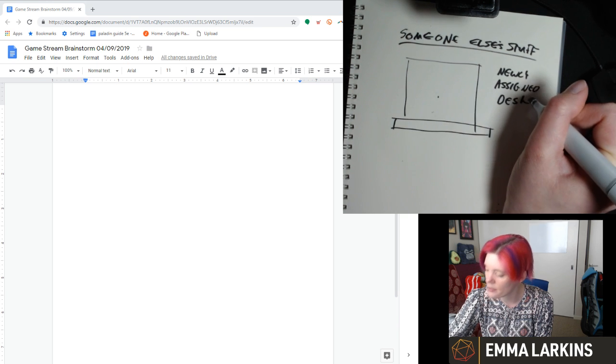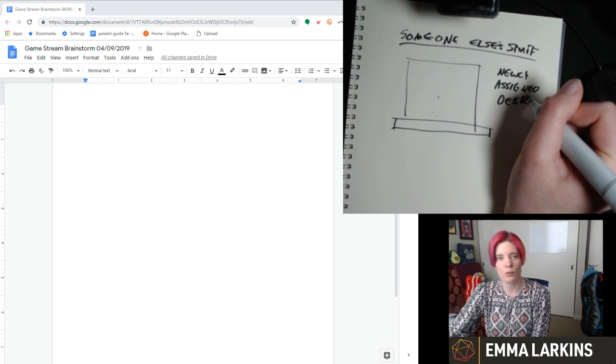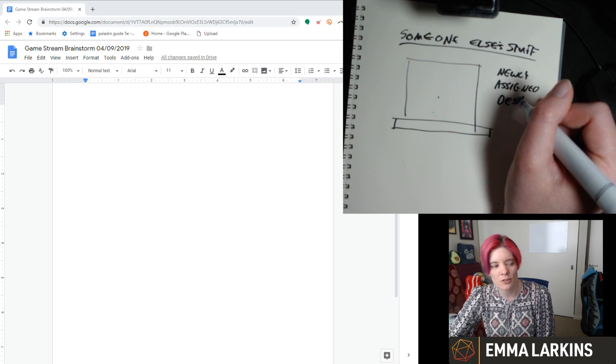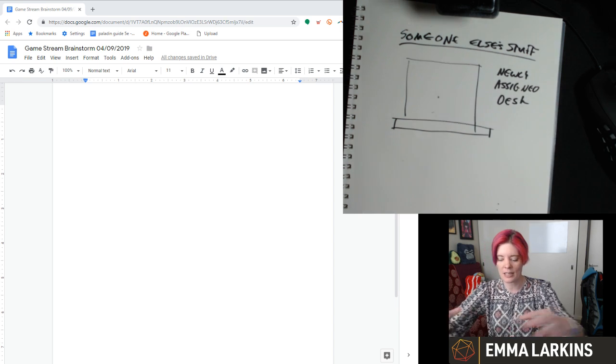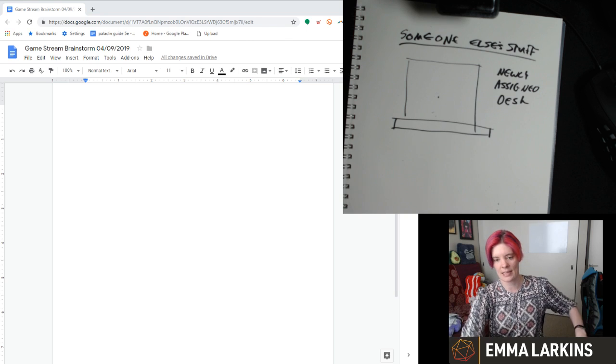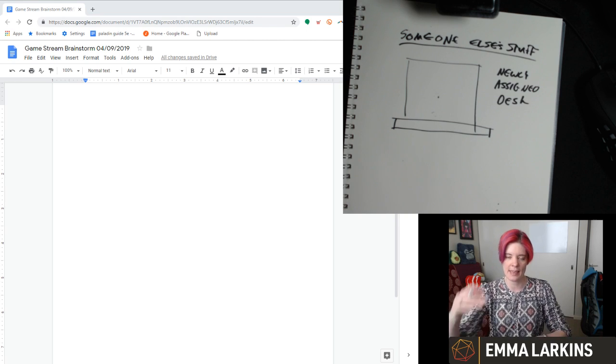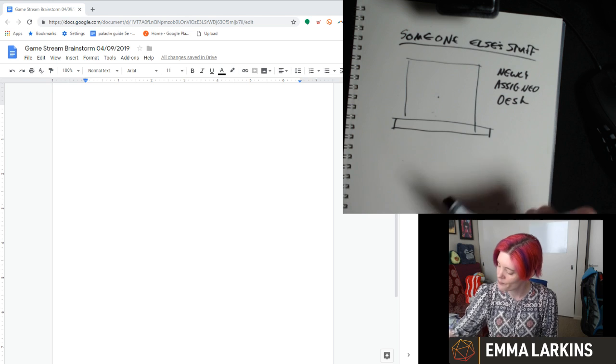So this is like if you're at school or at a job or something, and you get this new desk, it has a drawer in it. I don't even know if schools have drawers in desks anymore. I remember when I went to school, I'm pretty sure it was just the flat thing attached directly to the chair.